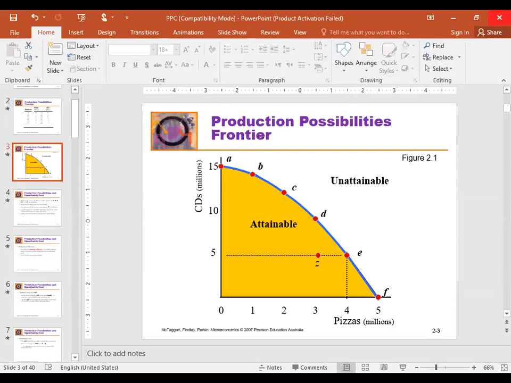This is out of your league. It is unattainable because you do not have the resources to reach this point of production. So your perfect scenario as a company is to follow the curve, because all these different points show that you are being efficient.